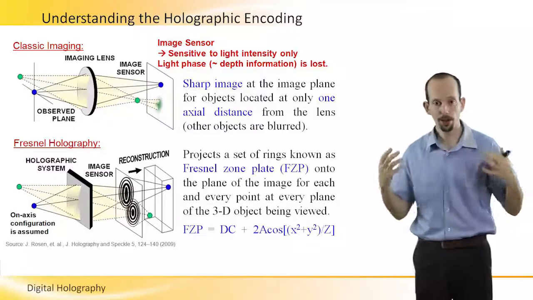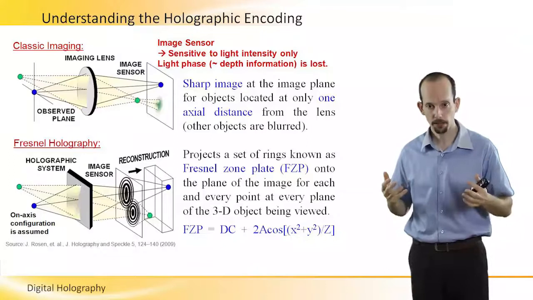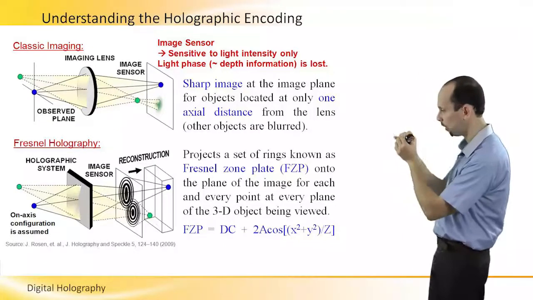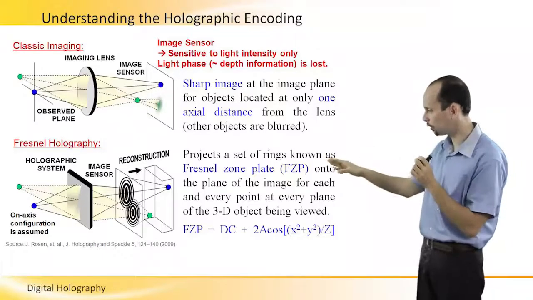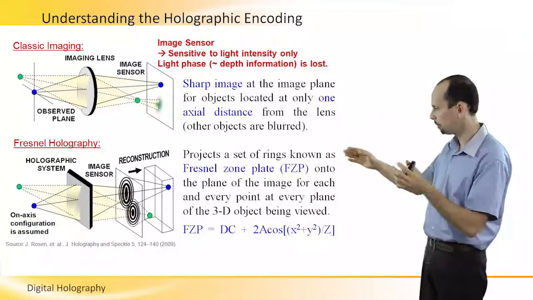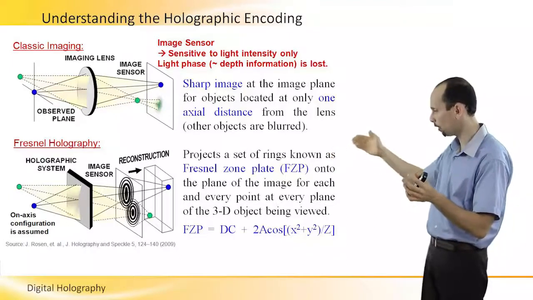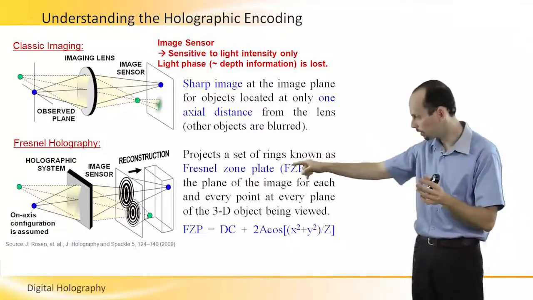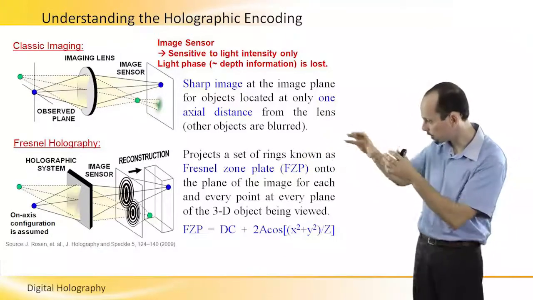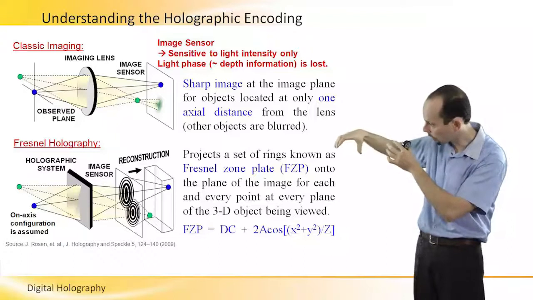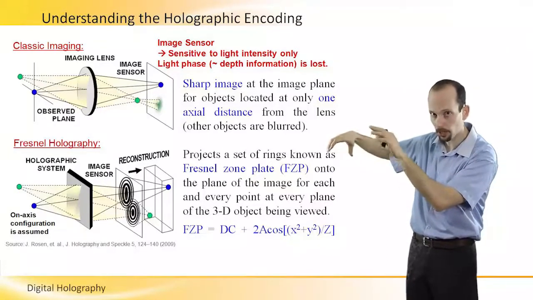In a holographic system, each point projects a Fresnel zone plate. This Fresnel zone plate is actually a DC plus cosine of quadratic phase, x squared plus y squared over z. This Fresnel zone plate, which might look like these circles, changes its frequency depending on the point's axial location.